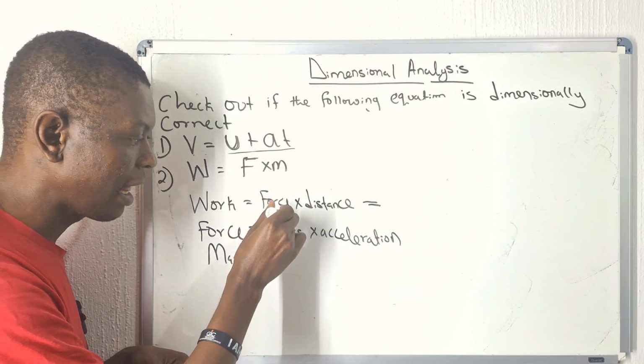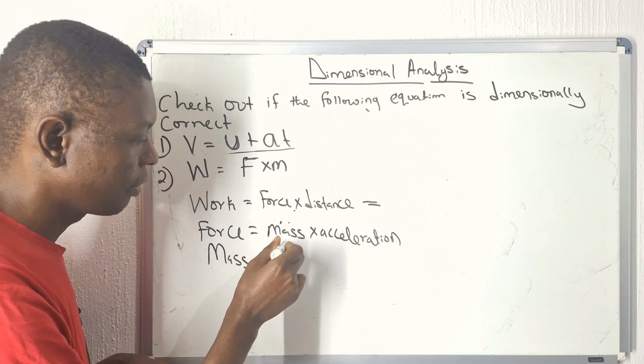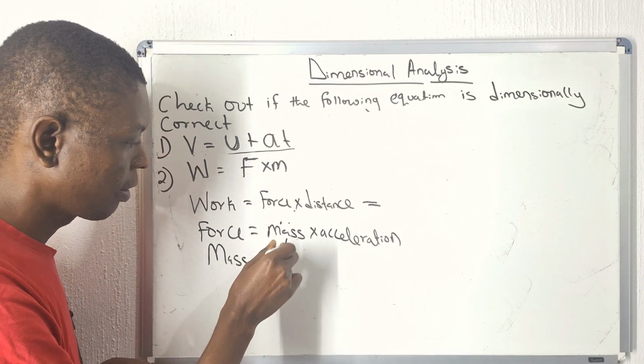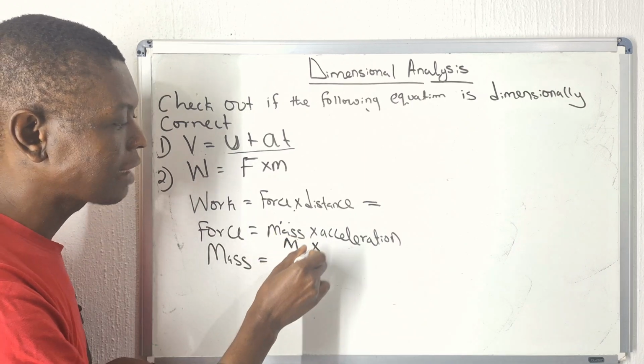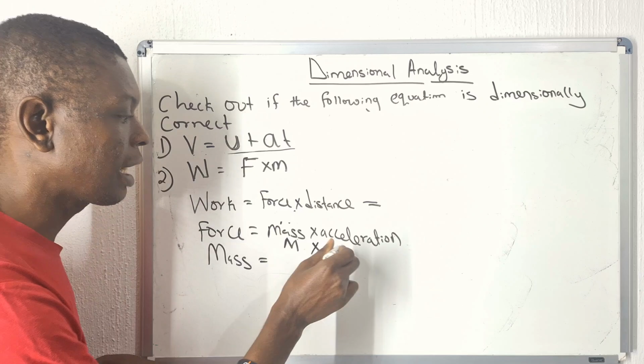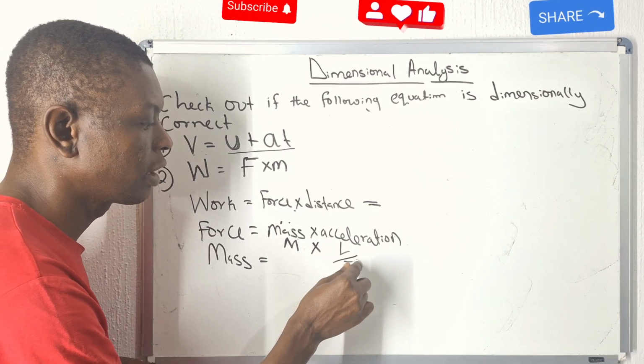Mass is capital letter M, and acceleration, as we saw in our previous class, is simply L over T squared.